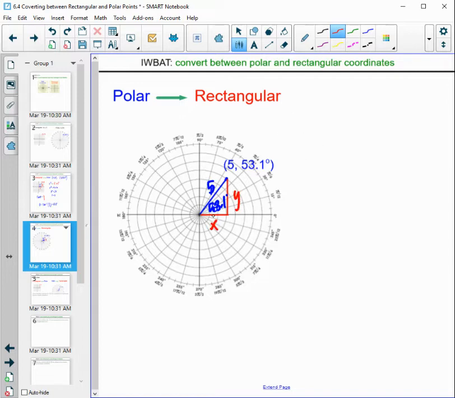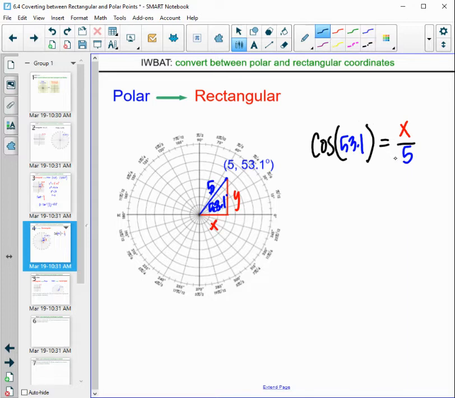In order to find x, we can set up a cosine function, because this is the adjacent, the 5 is the hypotenuse, and we're given this angle. So we would set up a cosine function. Cosine of 53.1 is going to equal the adjacent side, which is x, over the hypotenuse, which is 5.